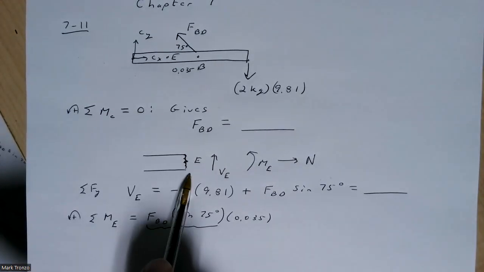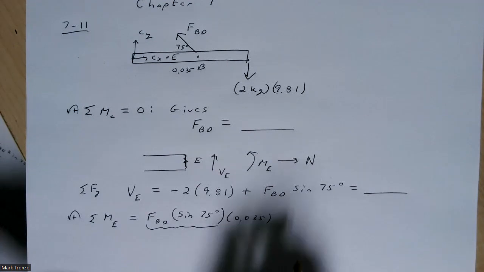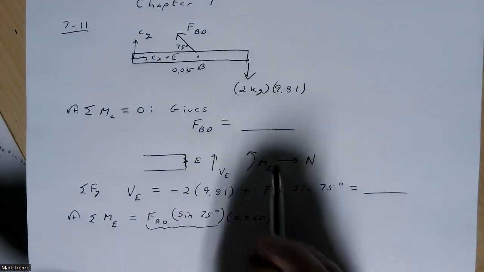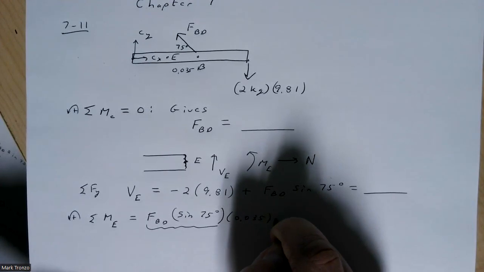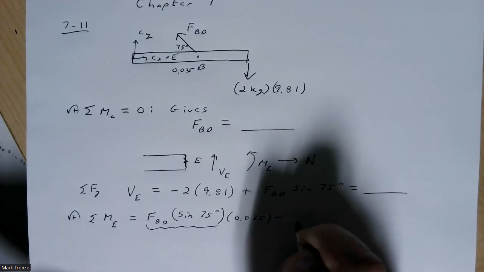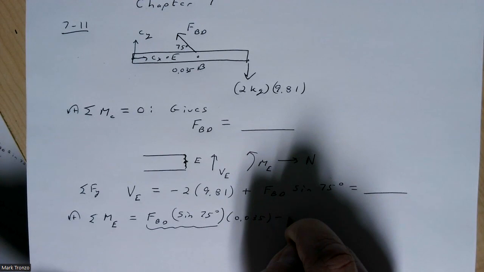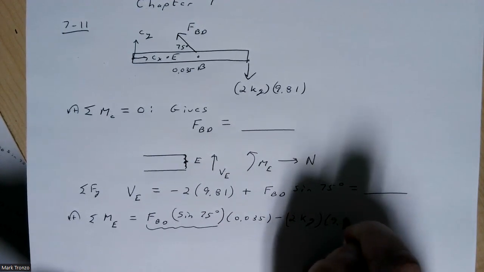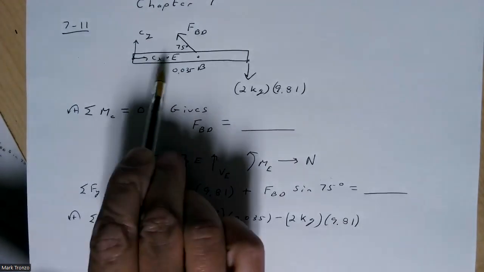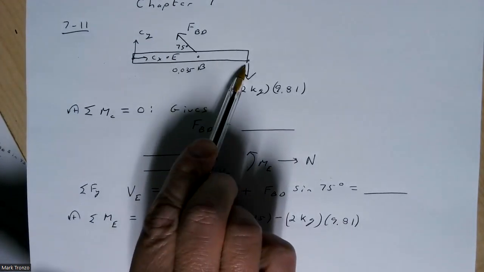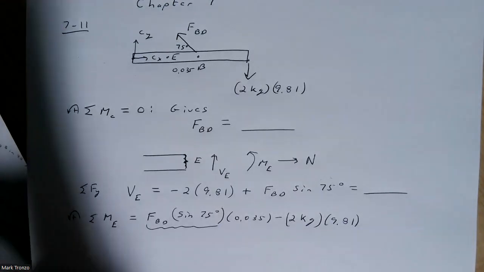And that's in a clockwise direction. And that's going to give you minus 2, again in my case it was 2 kilograms, times 9.81. Then times the moment arm from E out to that point there.